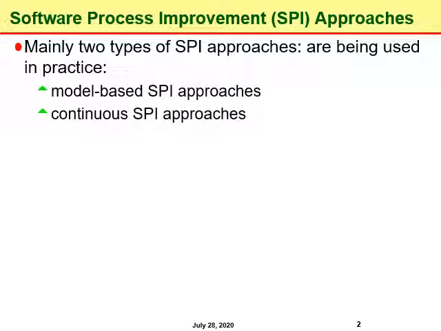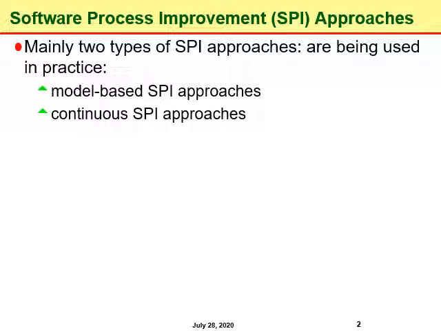So, if processes do not evolve with the development context and do not support developers in an adequate way, the resulting product quality often remains low. Past experience with insufficient process quality has motivated the development of software process improvement approaches that address these issues.